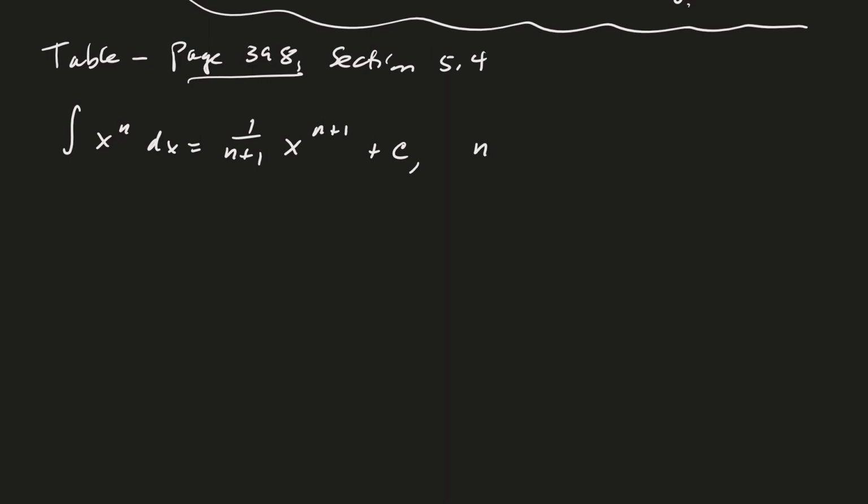And that's, of course, if n is not equal to minus 1, because then you would have 0 in the denominator. And then what happens if we do have minus 1? That would be this one. And so do you remember that the antiderivative is the natural log of the absolute value of x plus c? Okay, so that'll be something that you'll see in the table.